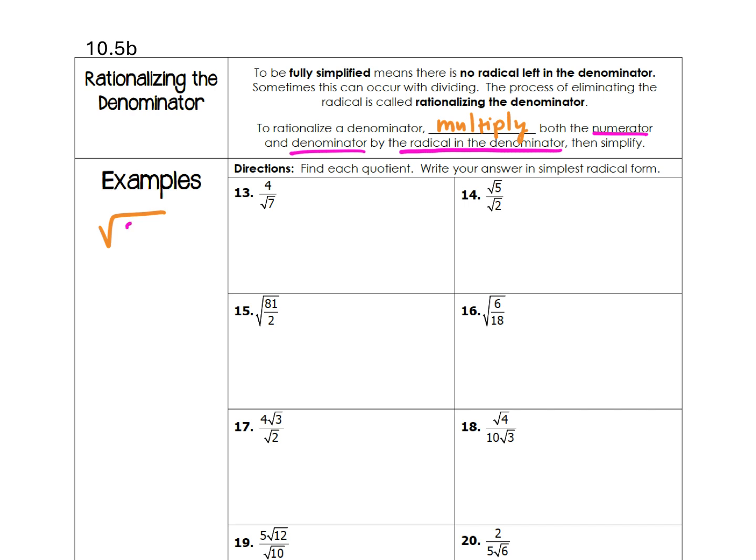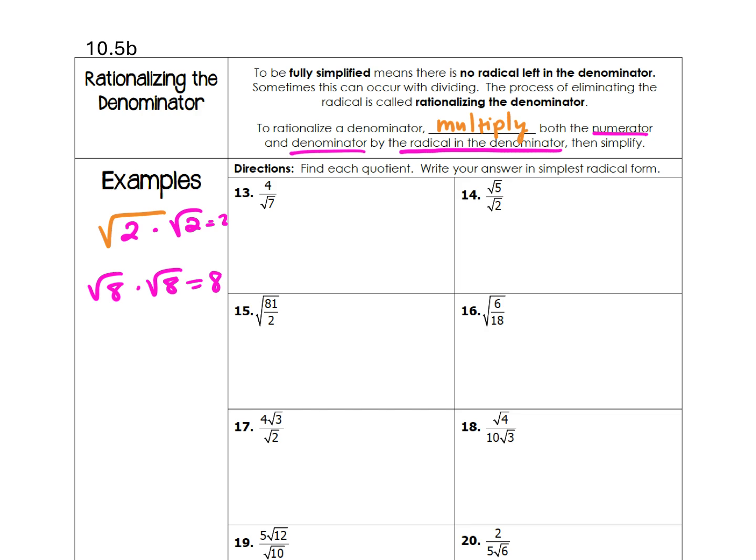Like if I say the square root of 2 times the square root of 2, that equals what? 2. The square root of 4, which is 2. If I said the square root of 8 and I multiplied by the square root of 8, it equals what? 8. Okay? So that's why we want to multiply by the radical in the denominator, because then it's going to get the radical out of the denominator. Okay? Are you ready to try this?